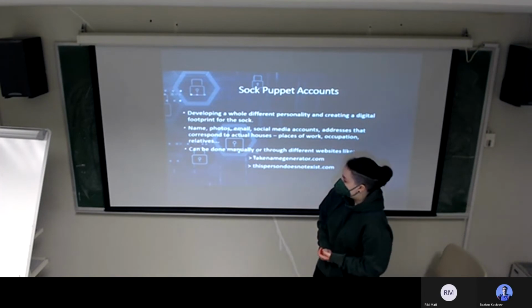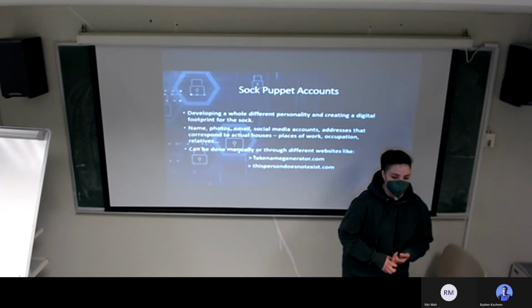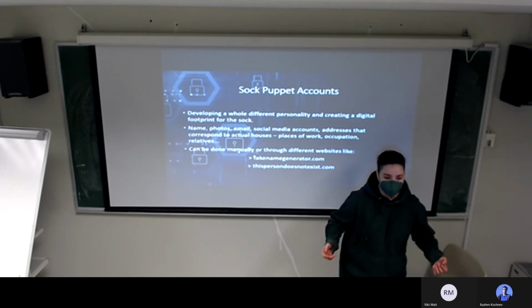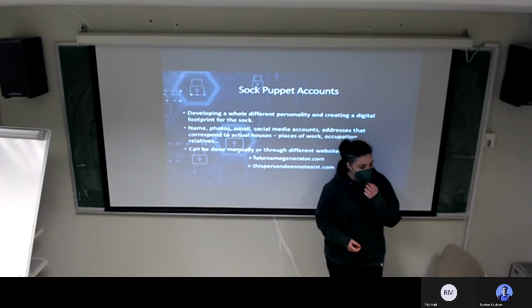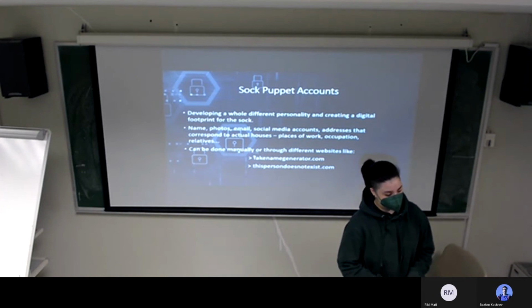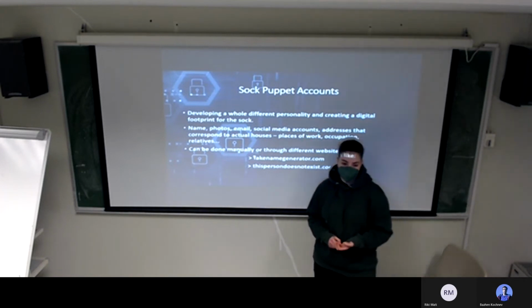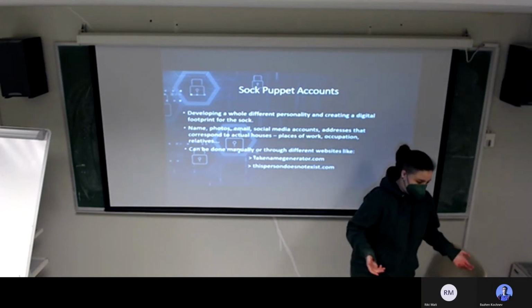For example, you can have an address that, if someone searches it up, corresponds to a school or something, because it won't be believable otherwise. You actually have to create a whole different person. Places of work, occupation, so you can't have the sock puppet account of a 20-year-old and have them be a surgeon. It won't be believable.